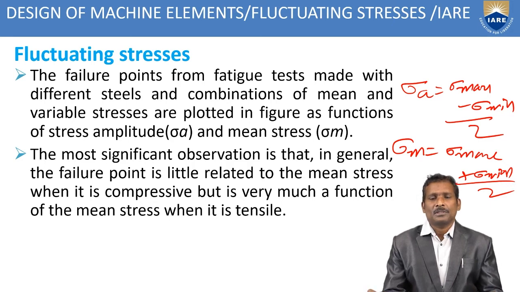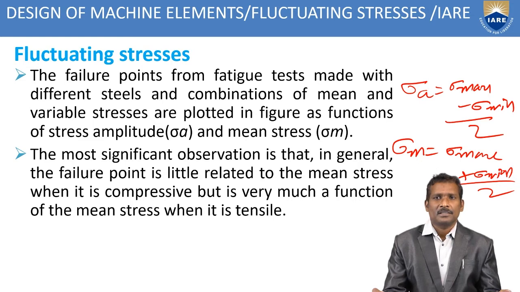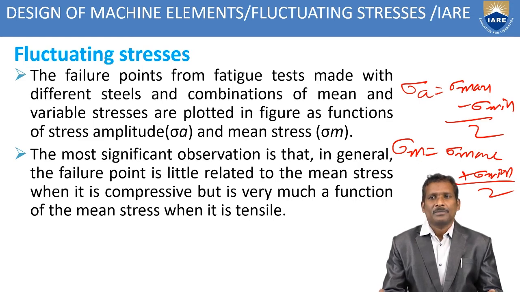The significant observation is that, in general, the failure point is little related to the mean stress when it is compressive, but is very much a function of the mean stress when it is tensile.